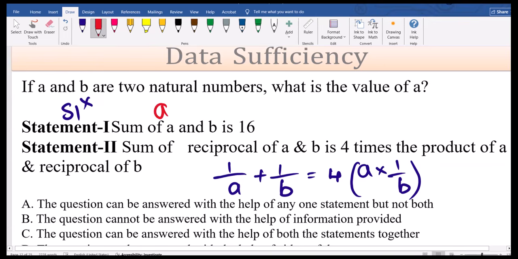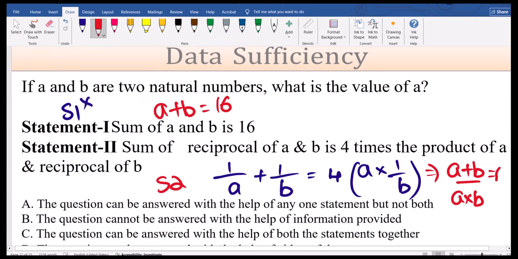One alone, A plus B equal to 16. Not able to calculate A value. Two alone. Now if you take LCM, A plus B divided by A into B is 4A divided by B. B get cancelled. We'll get 4A square equal to A plus B. Now 2 alone also not possible.